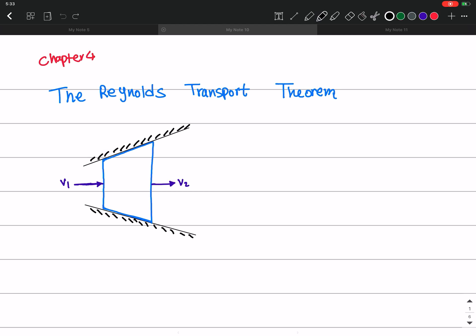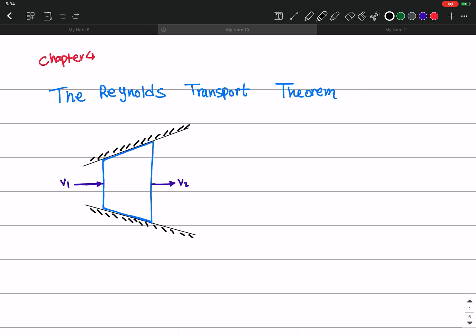We will derive those in the integral form first, and after that we will briefly touch on the differential form of these conservation laws in any fluid flow phenomena. Okay, so we need this Reynolds transport theorem in order to be able to derive those conservation laws.